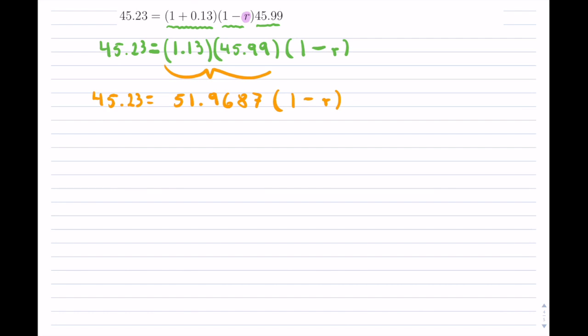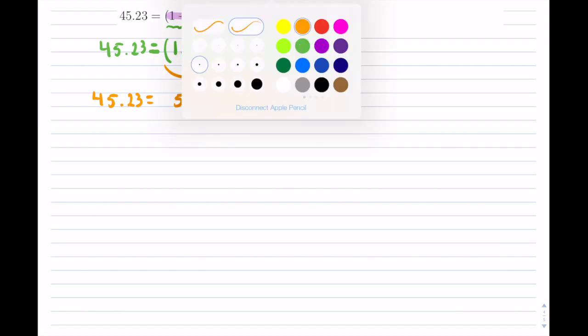Now with this particular question, notice it's a lot easier. Now I only have that one bracket after I got rid of the other, and multiplied it by 45.99. You can do that because the order of multiplication is irrelevant here. Now I will get rid of the brackets.